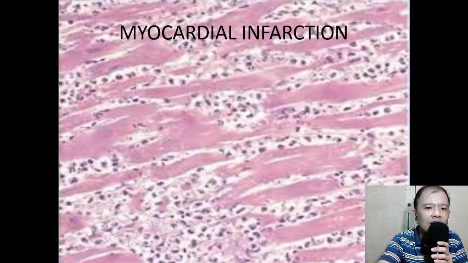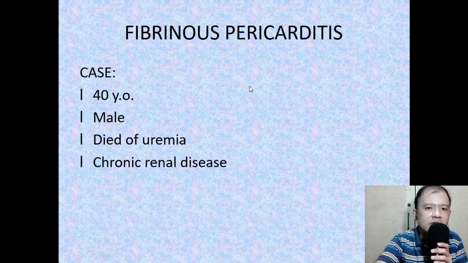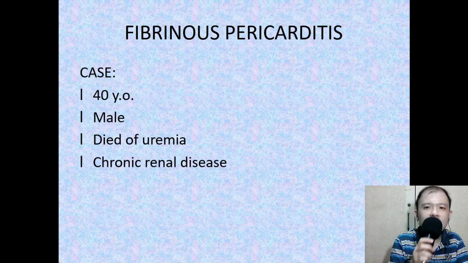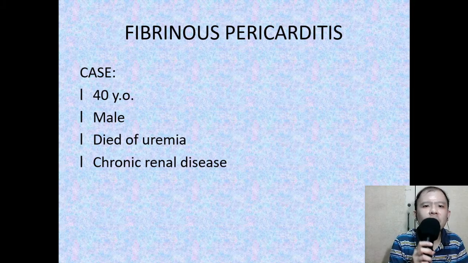So here, these are neutrophils interspersed in between myocardial fibers. So any questions? So for myocardial infarction, take note of the clinical presentation, take note of the stage where the patient is in during the heart attack, take note of the gross findings of the heart.